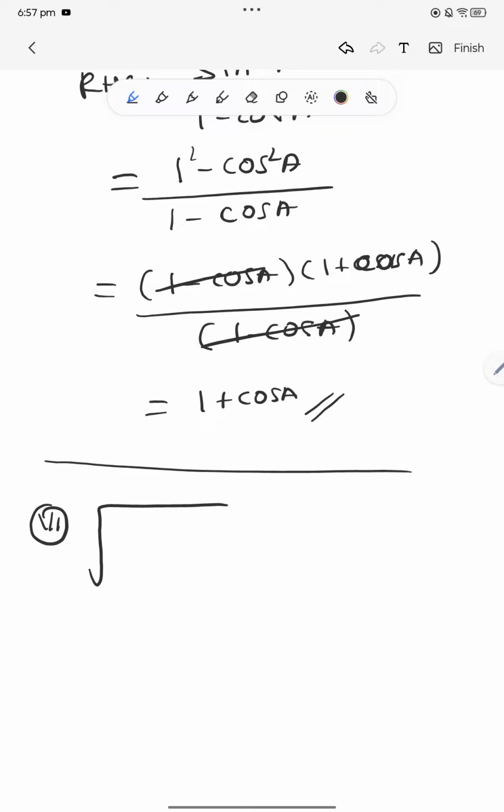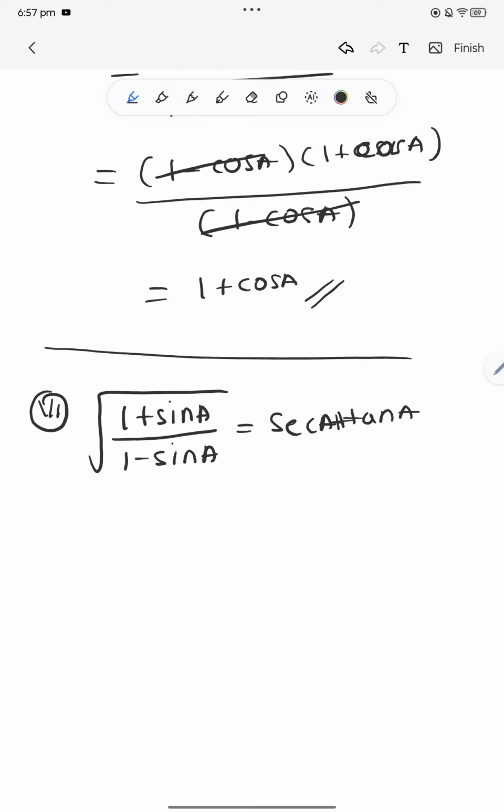This one does not give a hint, so you have to use your brain. Square root of (1 plus sin A) divided by (1 minus sin A) is equal to secant A plus tan A. Here nothing works, so for this type of question, you rationalize.